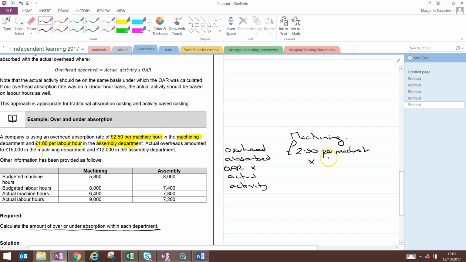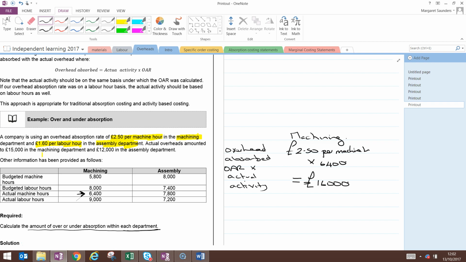So that's the actual machine hours, which we're told is 6,400. So that means we have absorbed a total of £16,000. So that's what we've added to our prime cost to cover the cost of the overheads.